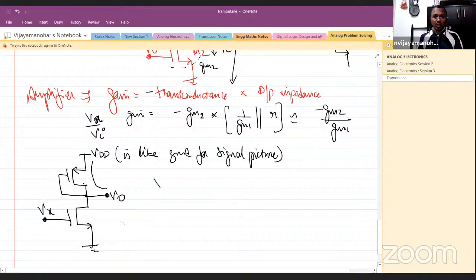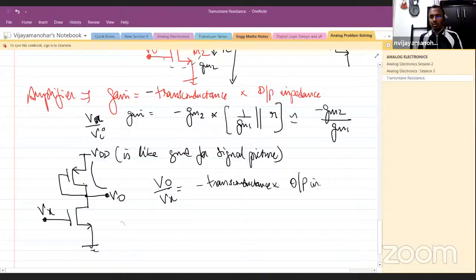So now what is V0 by Vx? V0 by Vx is again transconductance into output impedance. So this is your M3, which has Gm3 transconductance. This is M4, which has a transconductance of Gm4. We have a diode connected transistor and we are looking here.